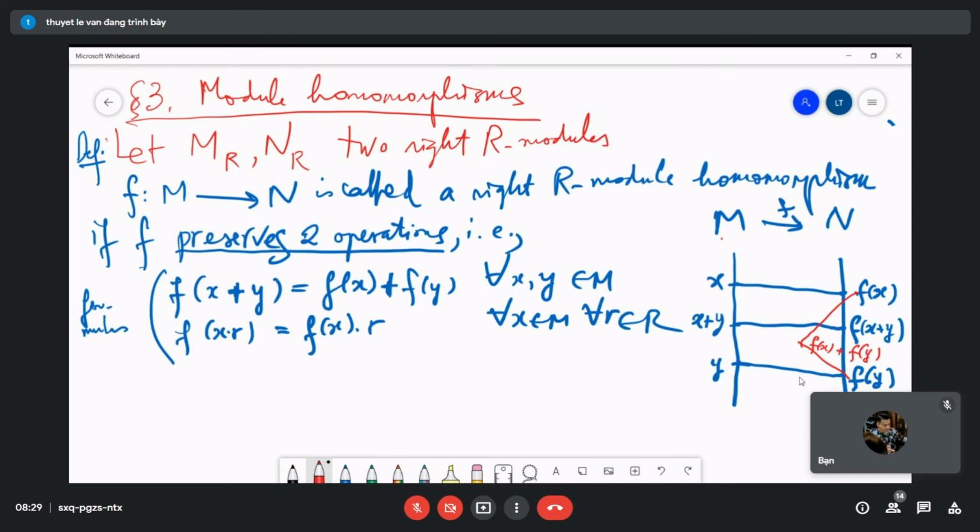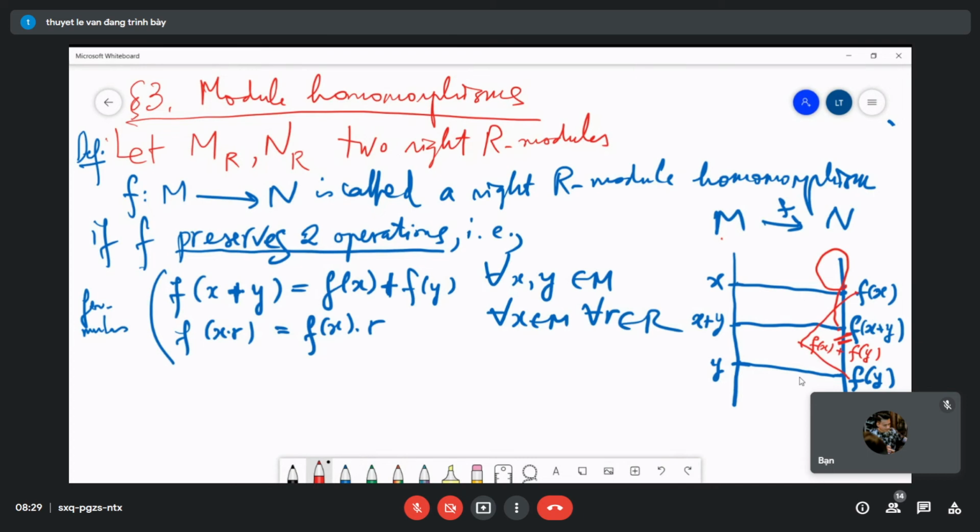The problem is, equal or not? If f preserves the sum, the addition, then f of x plus y is equal to fx plus fy.